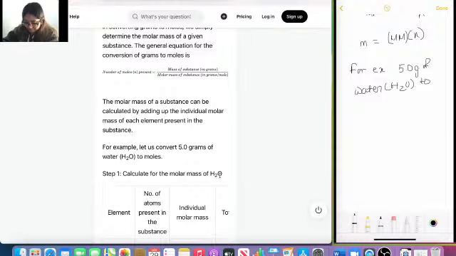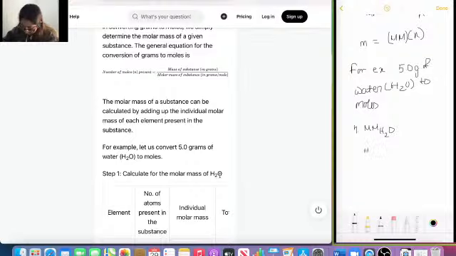And to do this, the first step would be to calculate the molar mass of water.